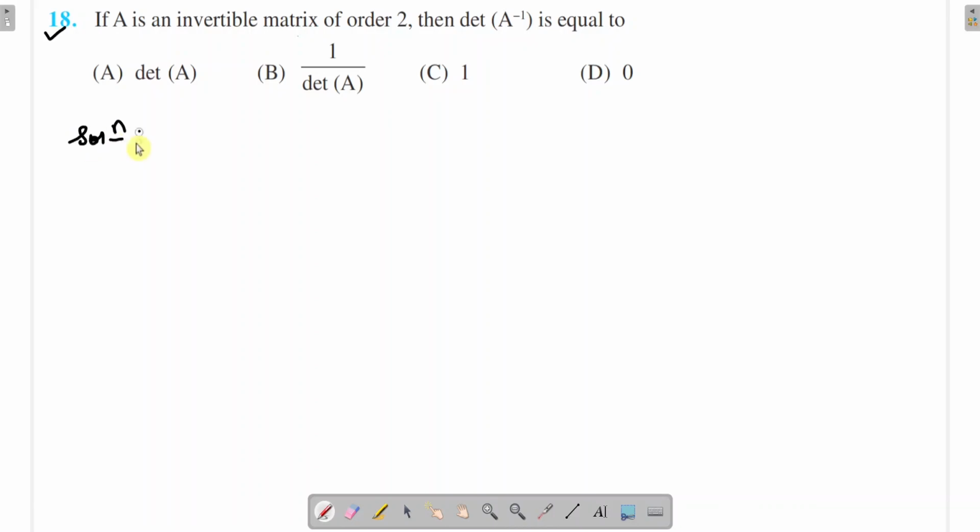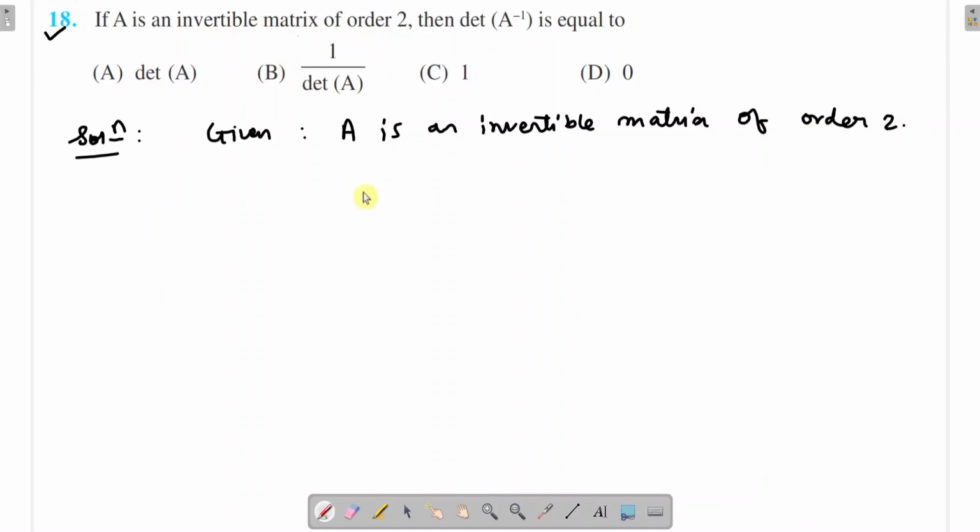The solution: we have to calculate determinant of A inverse, right? And what is given? A is an invertible matrix of order 2.